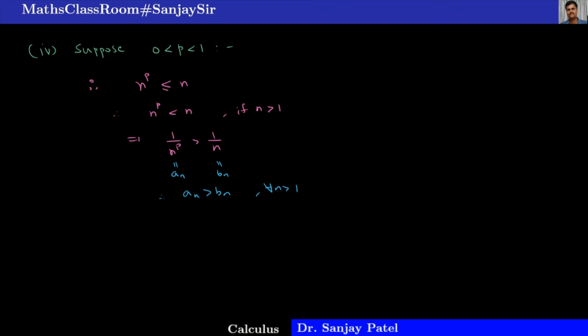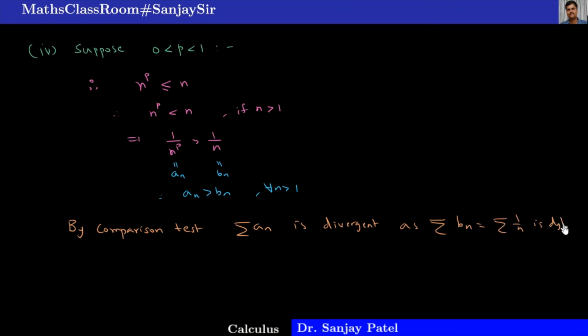So I can say, therefore, by comparison test, sigma An is divergent, as sigma Bn, that is sigma 1 upon n, which we already proved is divergent.